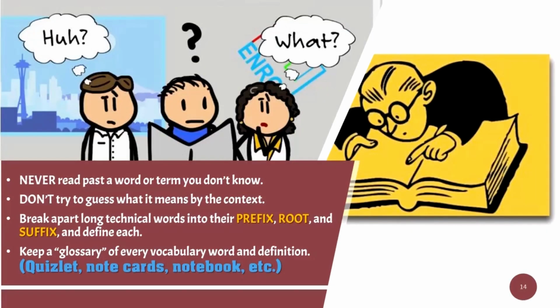So what you're going to want to do is never read past a word or term that you don't know. Don't try to figure it out by the context. The context is the words around it. Don't just read the sentence the word is in and say, oh, well, I'm going to assume the word means such and such. You need to look that up because there's a lot of technical terms in college classes that mean a specific thing to that class.